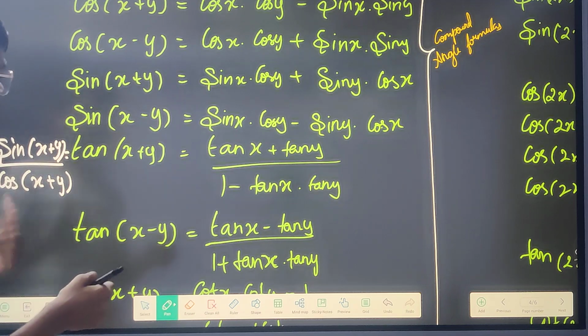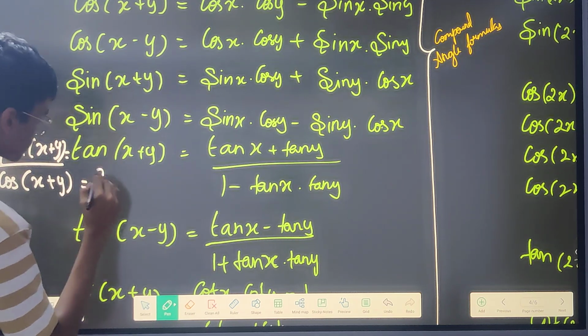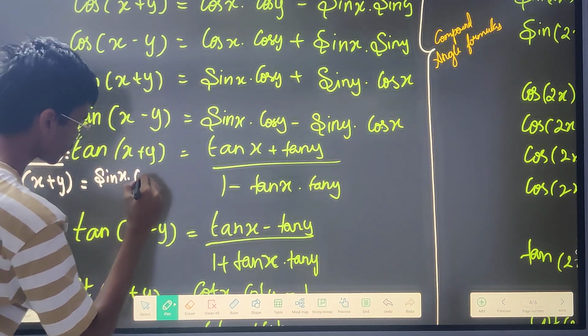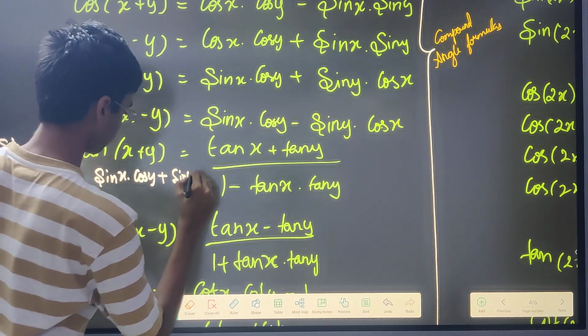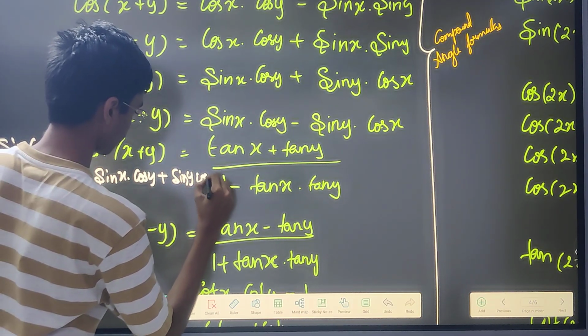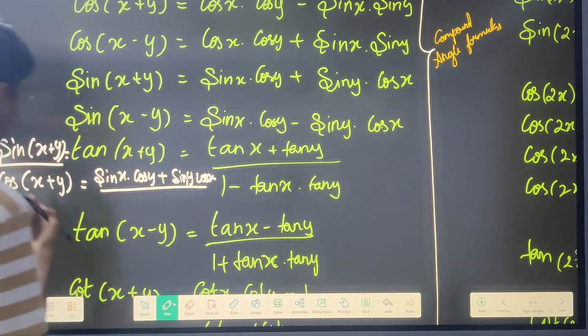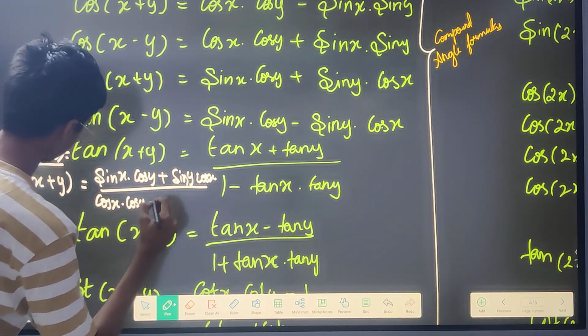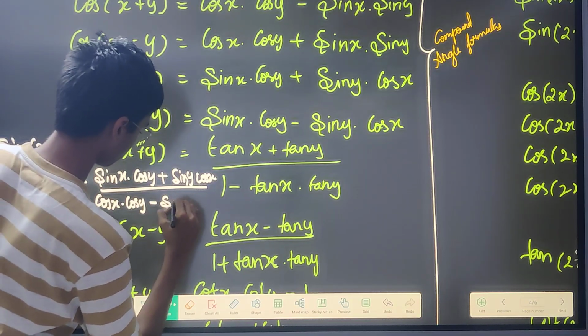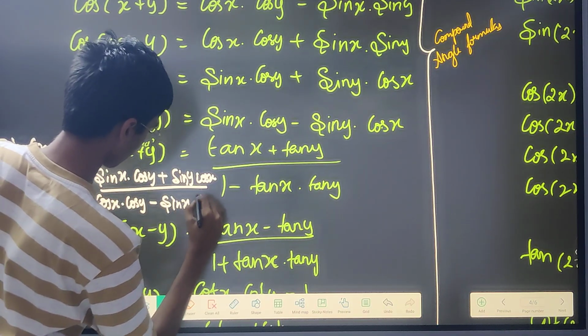So when you're dividing, what you'll be getting in the numerator is sin x dot cos y plus sin y cos x, whole divided by cos x dot cos y minus sin x dot sin y.